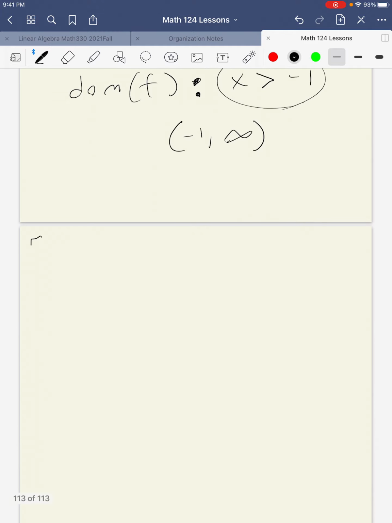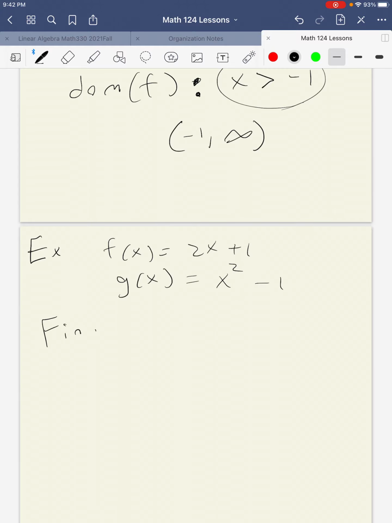Another thing we need to be able to do is the following question. Say we're given a formula for f, maybe 2x plus 1. We're given a formula for g, which is x squared minus 1. Let's find g of f of 1.